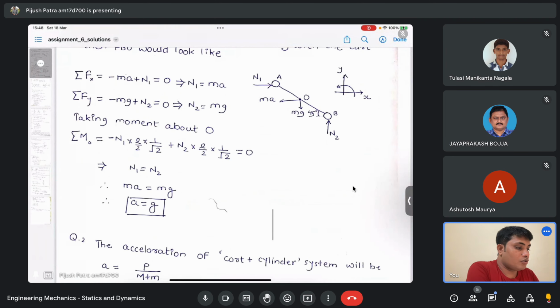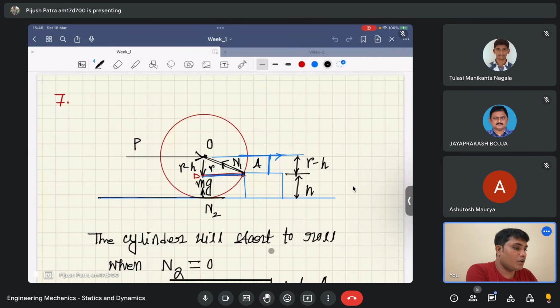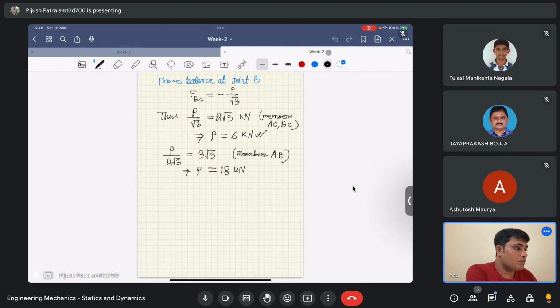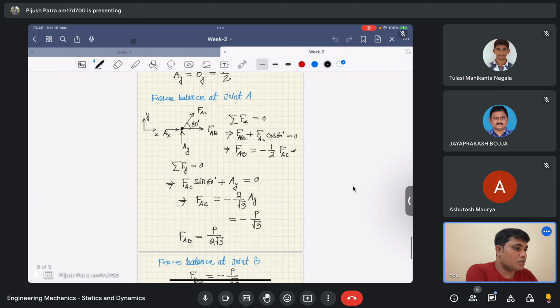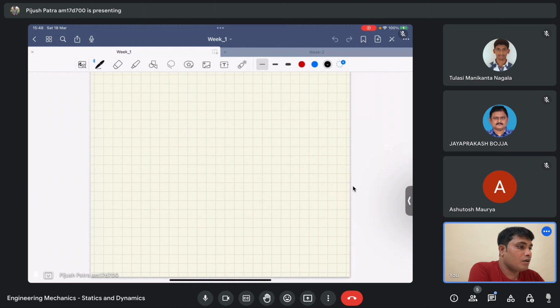So the thing is, what I am trying to tell you is that you have a cylinder, fine, and the velocity of the cylinder along this direction is v. This is v.